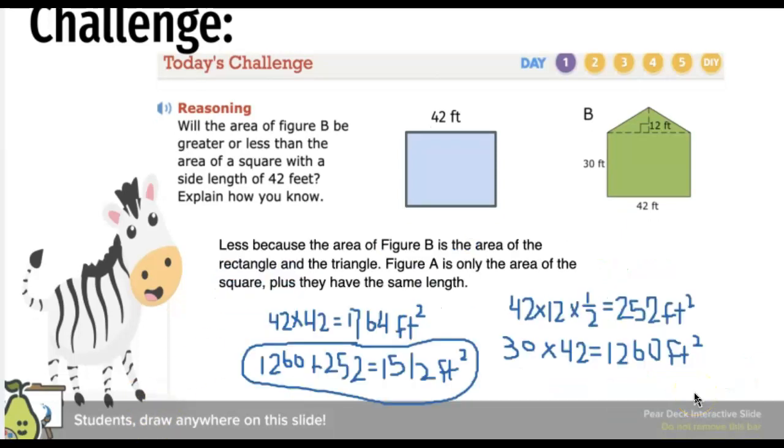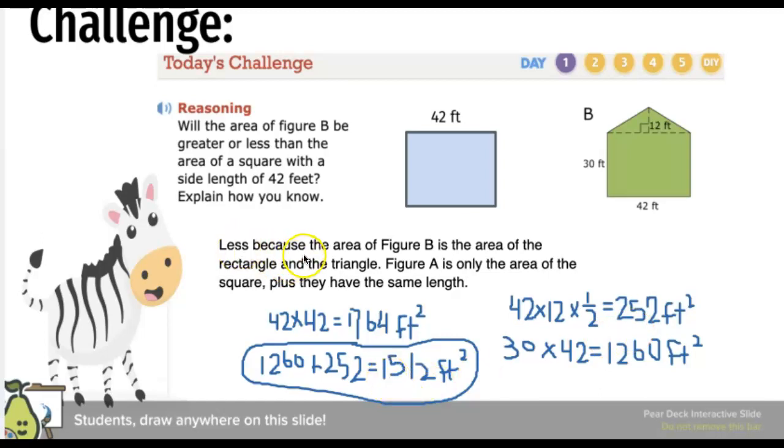Alright, so here's another answer. It says 42 times 42 is 1764 square feet. That's for the area of the square, and we solve for the area of figure B, which is 42 times 12 times 1/2, because it's only half of the parallelogram. We got 252, and then we put them together, it becomes 1512.